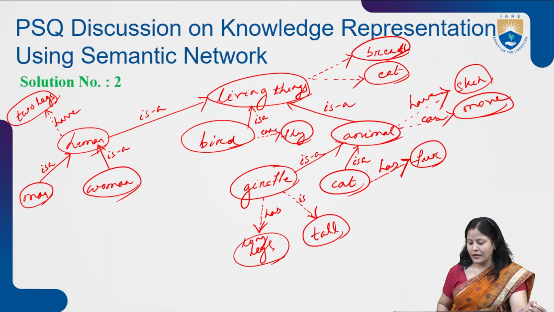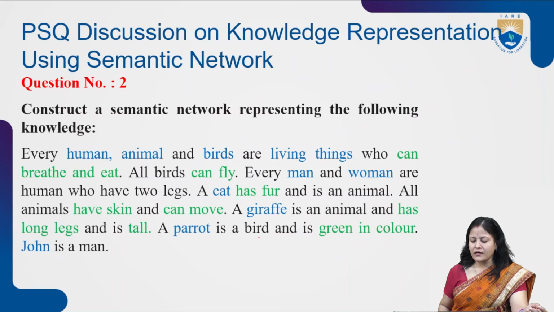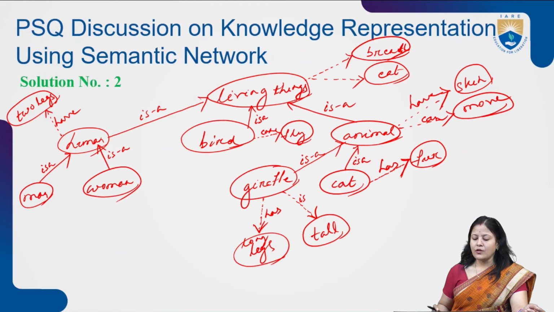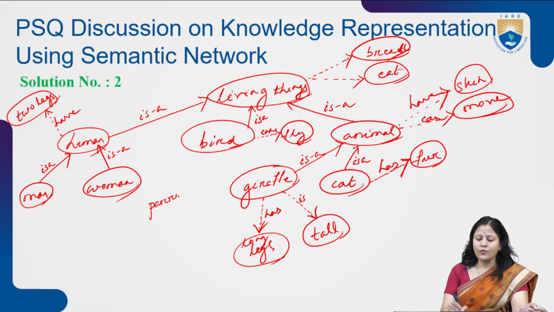After that: a parrot is a bird and is green in color. Now come to the bird section. Parrot is a bird, so you create one more class, parrot. Directly you represent it with the help of a bold arrow mark, and the relation is is-a: parrot is a bird.